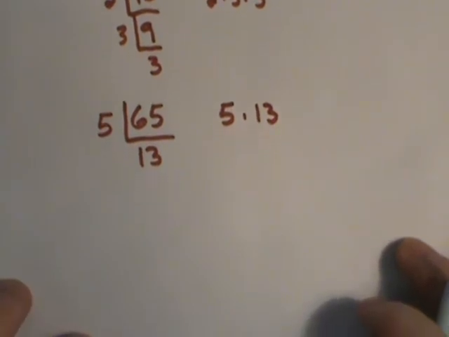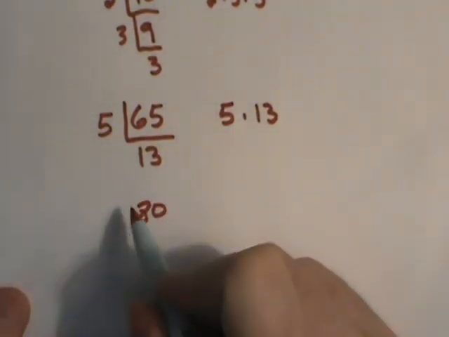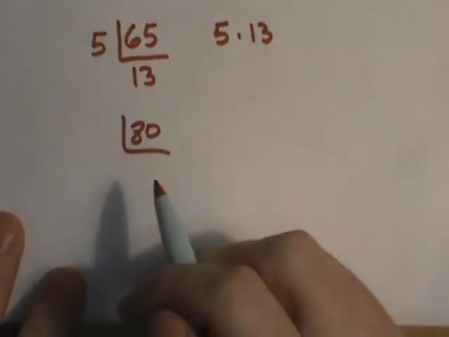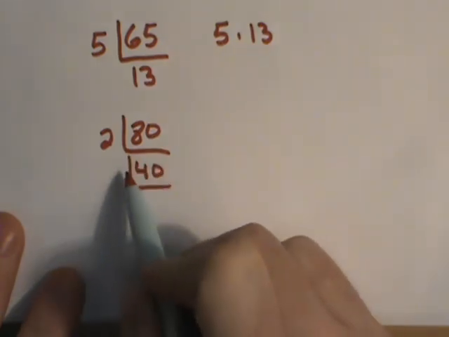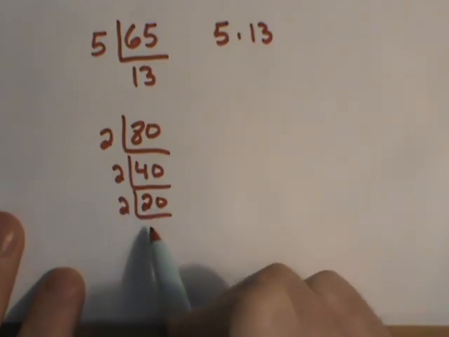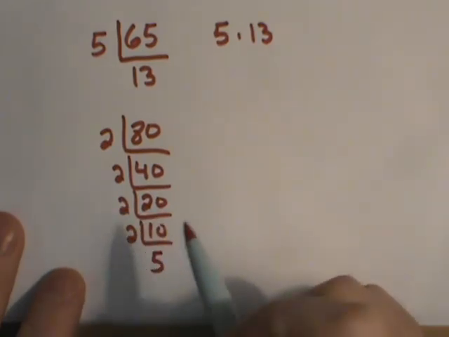And oftentimes as you go through these examples, you get better at them. So 80. If I want to prime factor 80, I can go 2 goes into 80 40 times, 2 goes into 40 20 times, 2 goes into 20 10 times. 2 goes into 10 5 times.